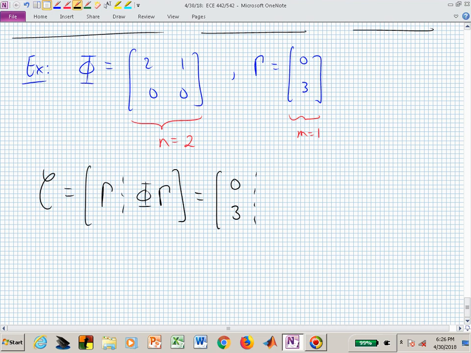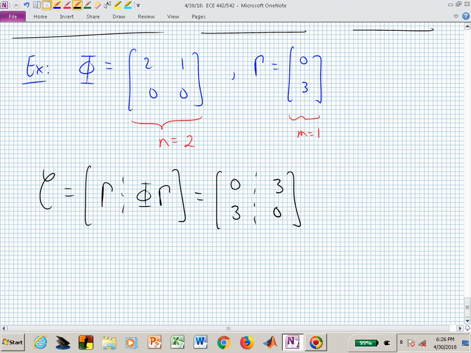So phi gamma is just 3, 0. I'm scaling the second column of phi, which is 1, 0, by 3, and I'm not adding any of the first column because the first row of gamma was 0. Or if that doesn't make sense, just do first row times first column, second row times first column, etc. And you should get the same answer.